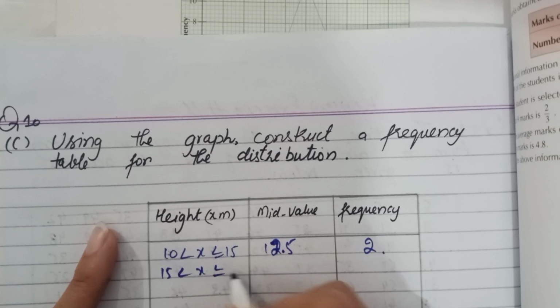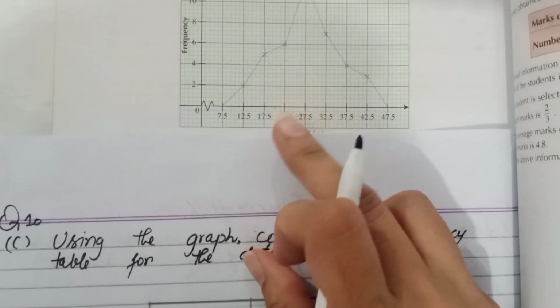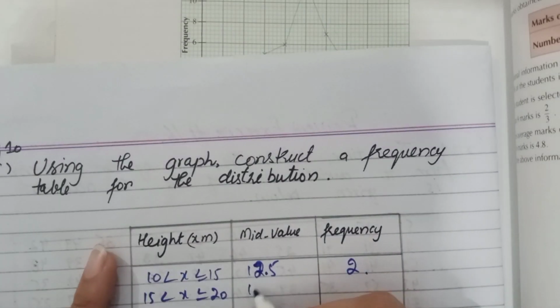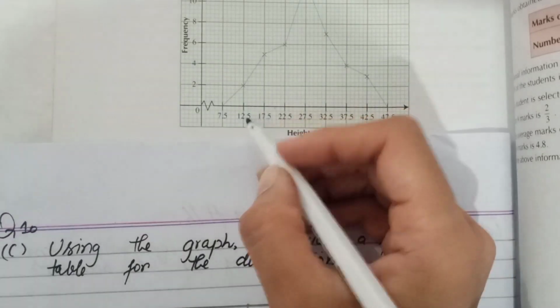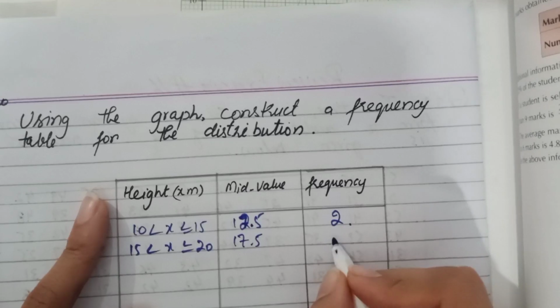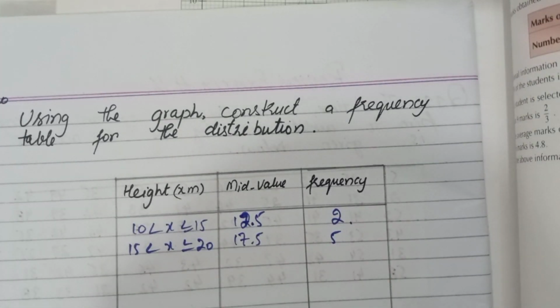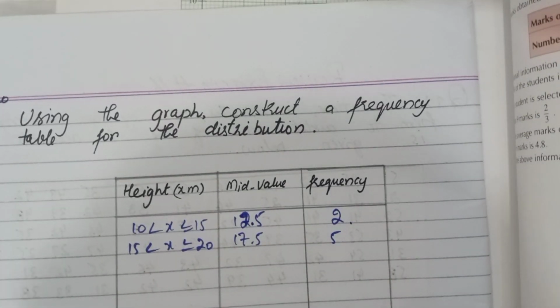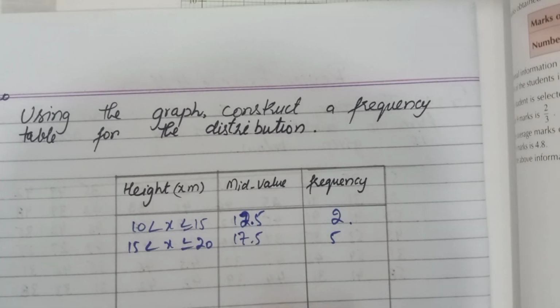For 15 to 20, the mid value is 17.5, and the frequency is 5. For polygons, we have to write the mid values, and that's why I am writing them.